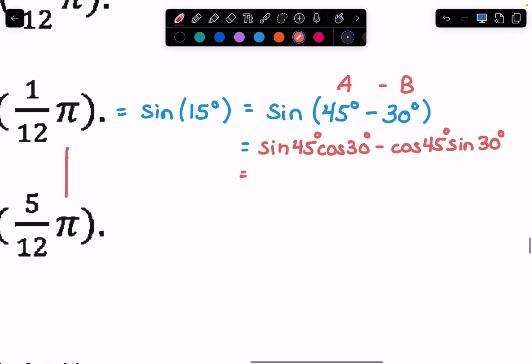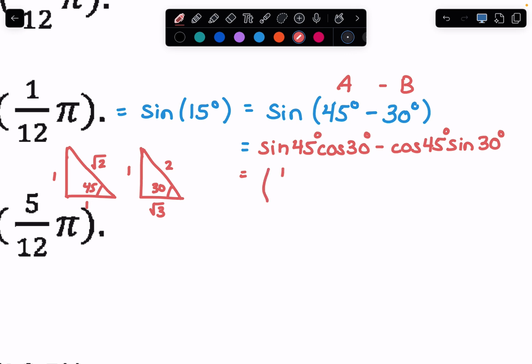Let me draw triangles for you. You should have these written down somewhere on your test. Once you get to this point, you're going to have to use them, so just jot down your triangles. What's the sine of 45? 1 over square root of 2.